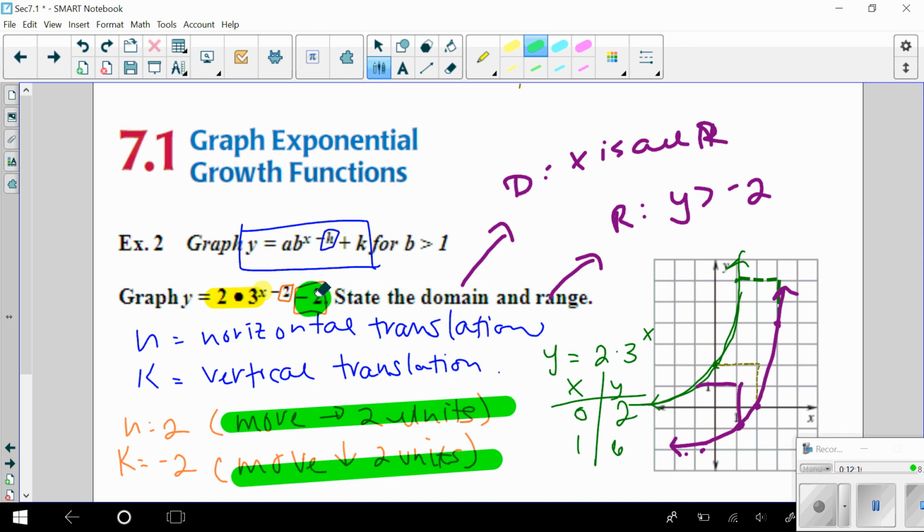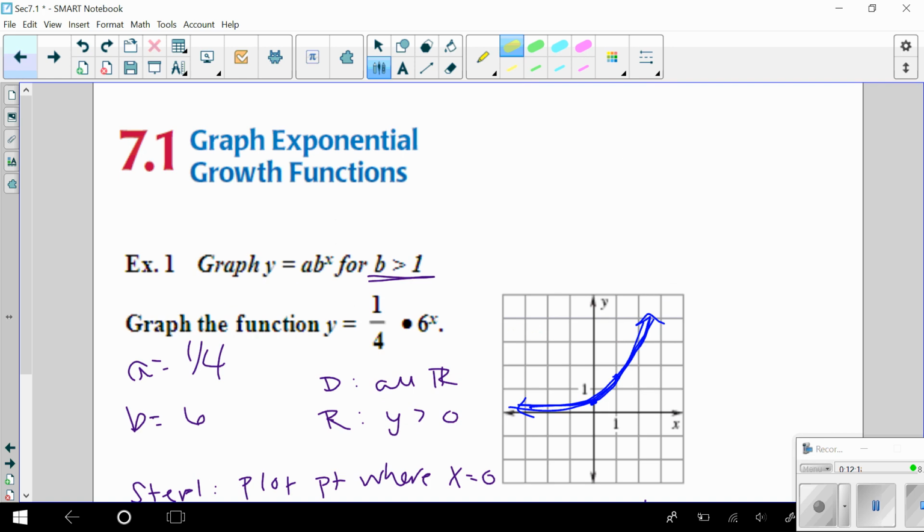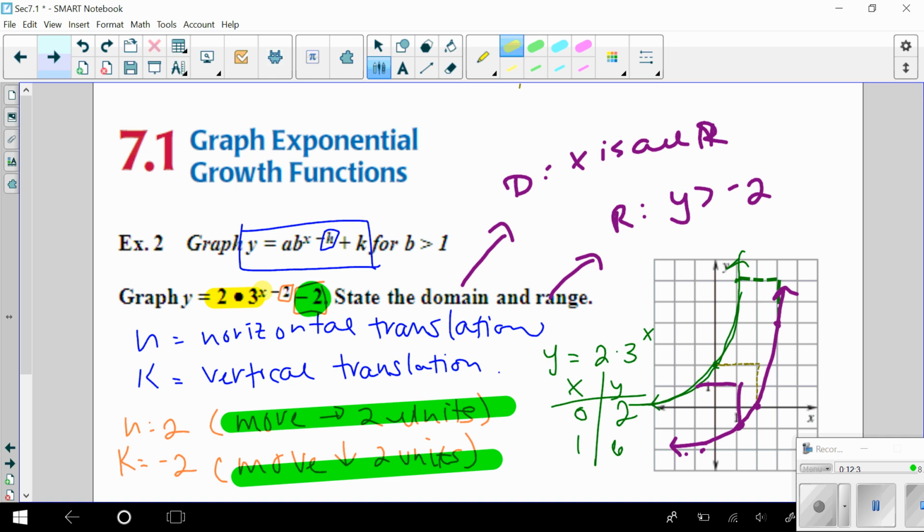So your range is going to be greater than your k value, whatever your k value is. In this case, it's -2. In the previous example, our h value and our k value were both 0. So our range was y is greater than 0. But here where we have a k value that's less than 0, that's going to be the beginning of our range.